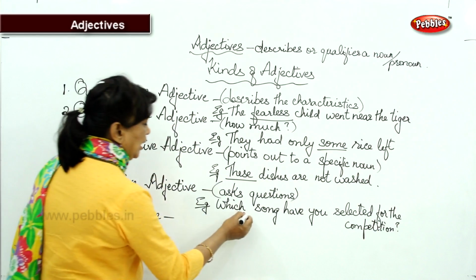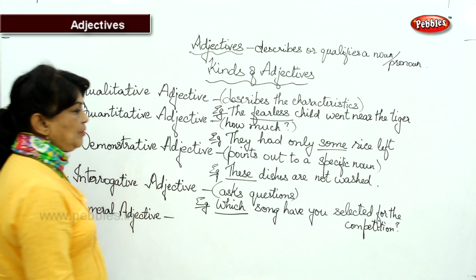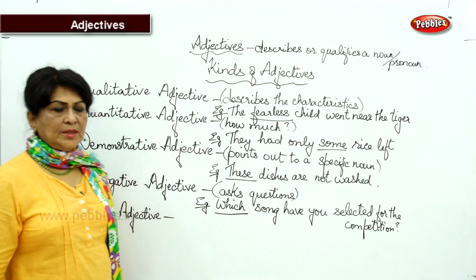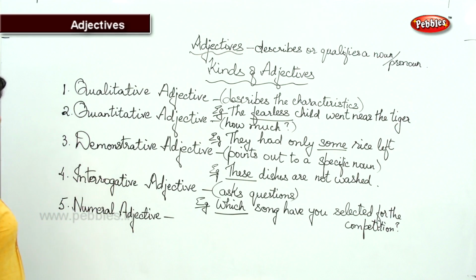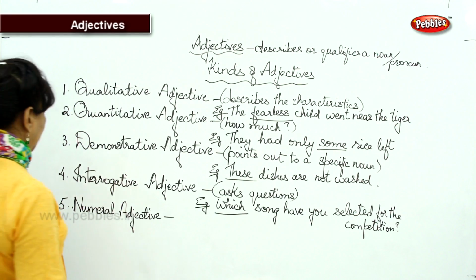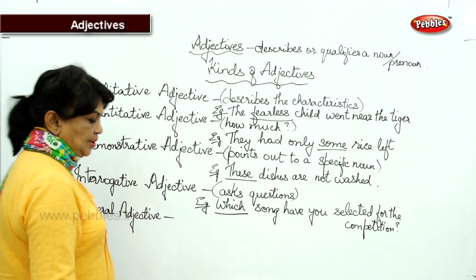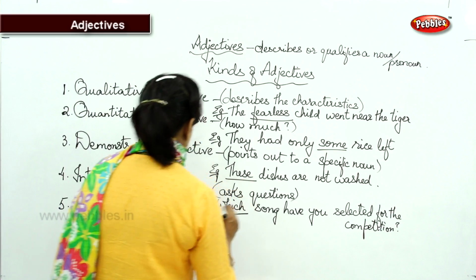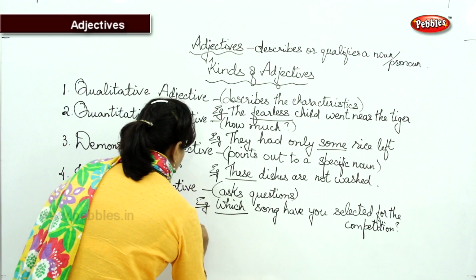Which song have you chosen for the, or have you selected for the competition? Okay, which is the interrogative adjective. Next, numeral adjective, it talks about number, that is how many.